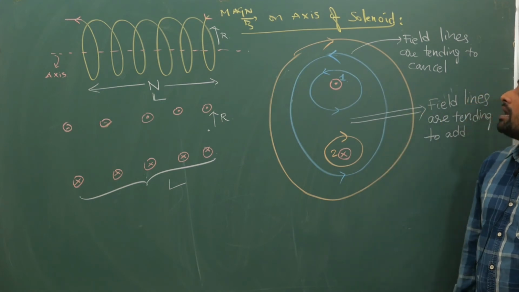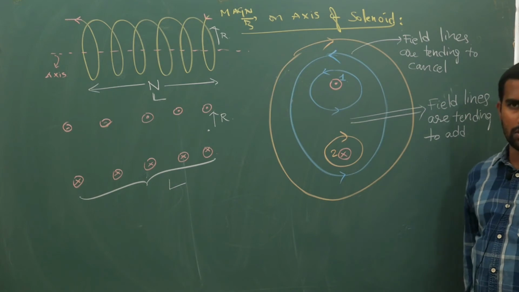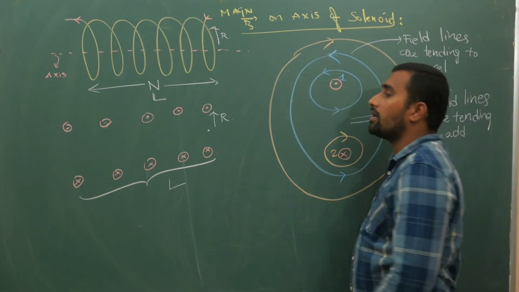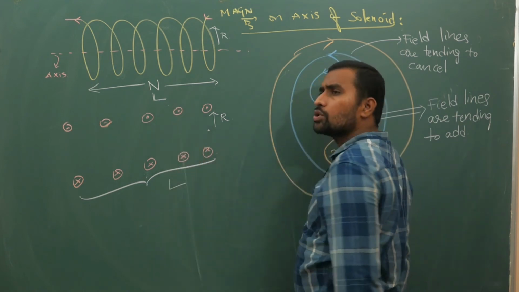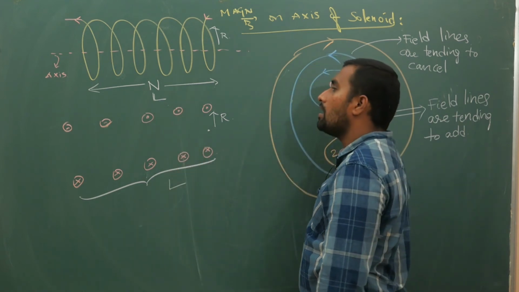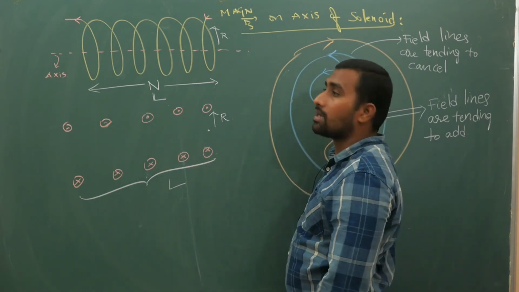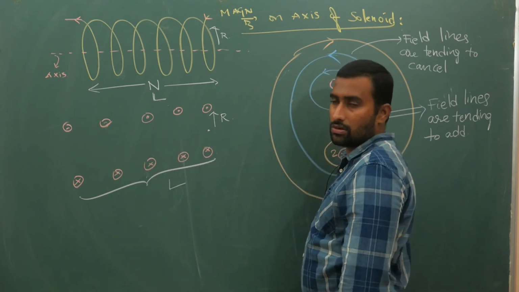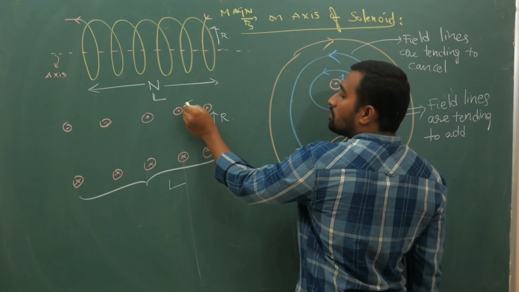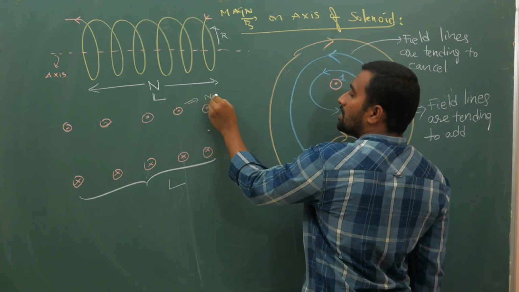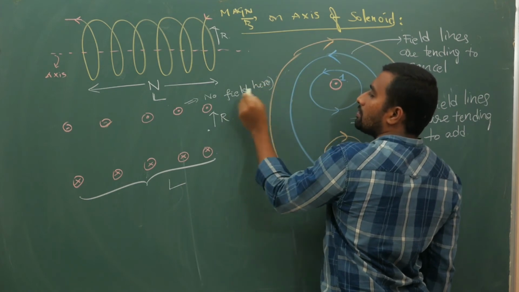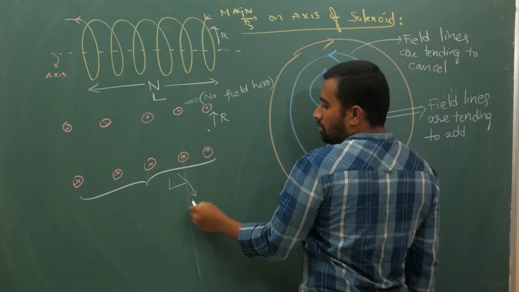Now from this, indirectly I can say that outside the solenoid there is no magnetic field. Even if it is there, it is very small compared to the value that is present on the axis. Here we will assume during our calculations no field here, and here also no field.